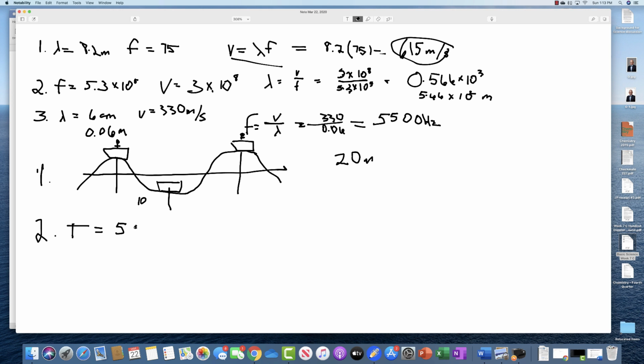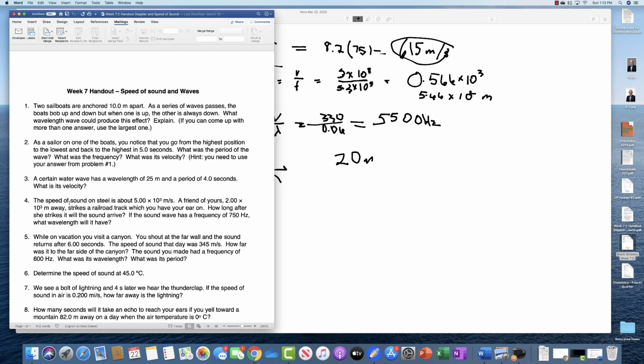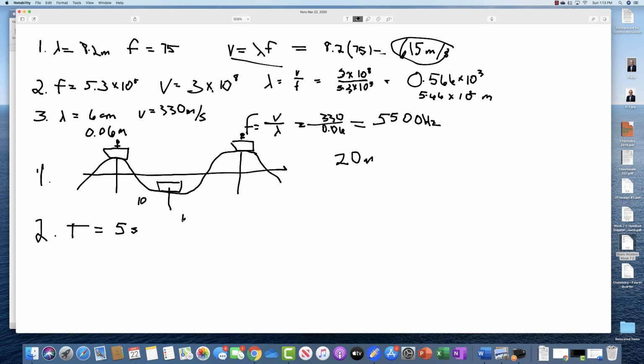So it takes 5 seconds to complete the period. The next question is, what is the frequency? Well, the frequency is 1 divided by the period, or how often per second a wave repeats itself.